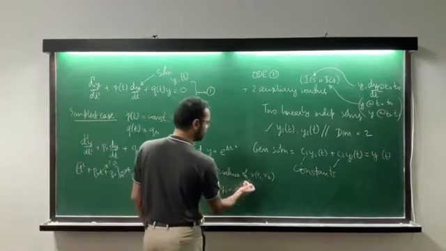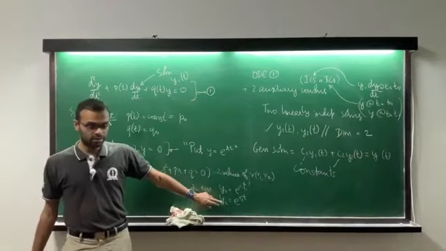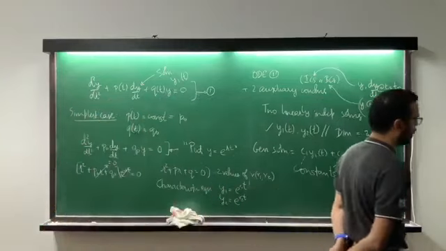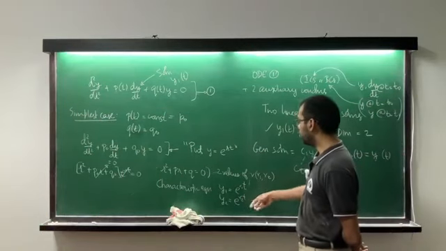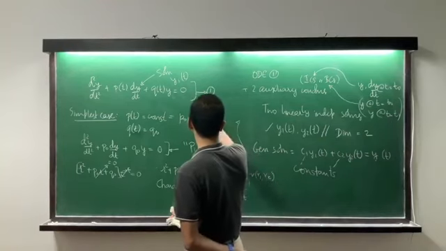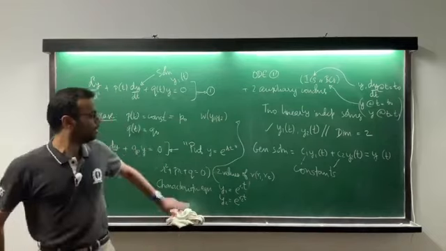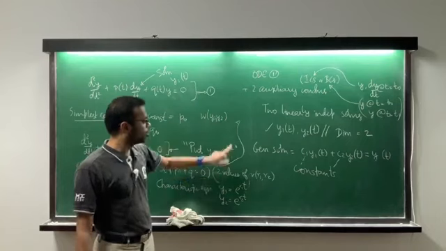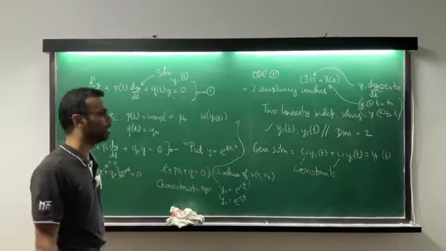So, you have two solutions, r presumably is different for the two cases, and if you take y1 and y2, the Wronskian W of t, which is y1 y2 prime minus y2 y1 prime, that is non-zero in general if r1 is not equal to r2. If r1 is equal to r2, you have to be a little careful, we will come to that later.